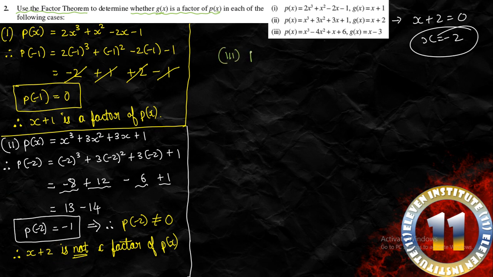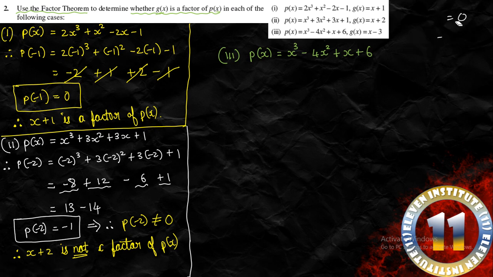So again, first of all, we will write the polynomial. Right, this is the polynomial that we have, and we have to check whether x minus 3 is its factor or not. So instead of x, what we will have?